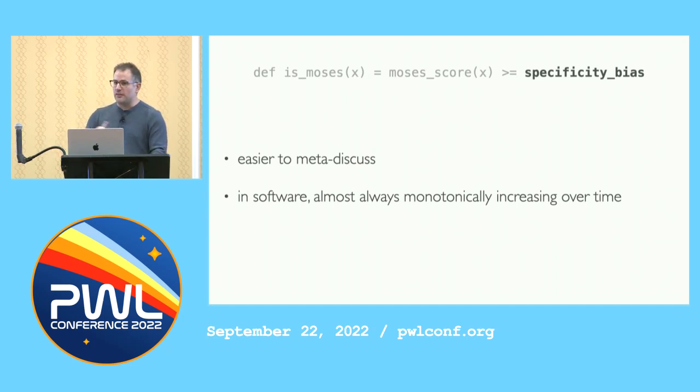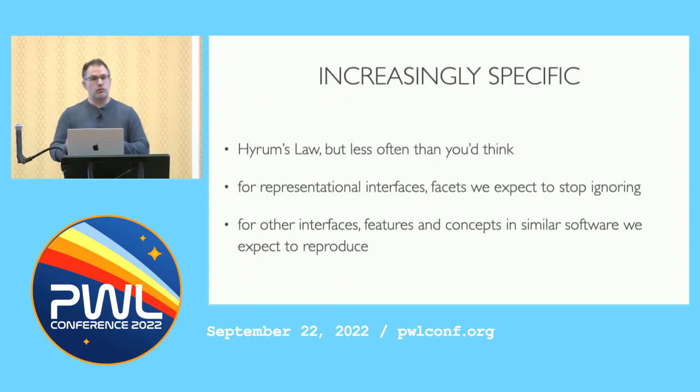And so this is useful, but I think the far more relevant thing for us, for software people, is that when we're thinking about our interfaces, the specificity of them, the threshold that they have to clear, is almost always increasing over time. And this is for a few different reasons.